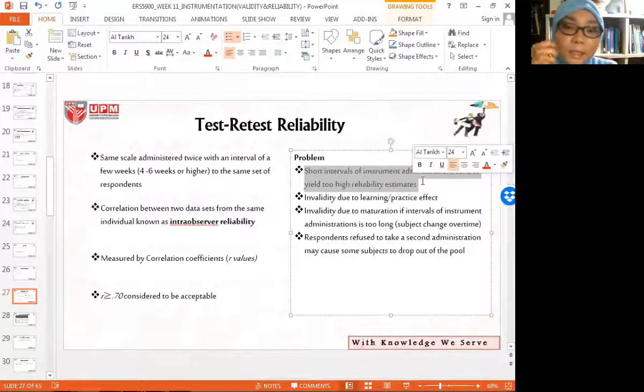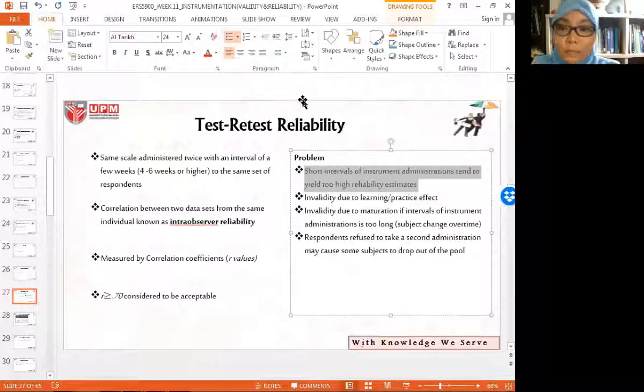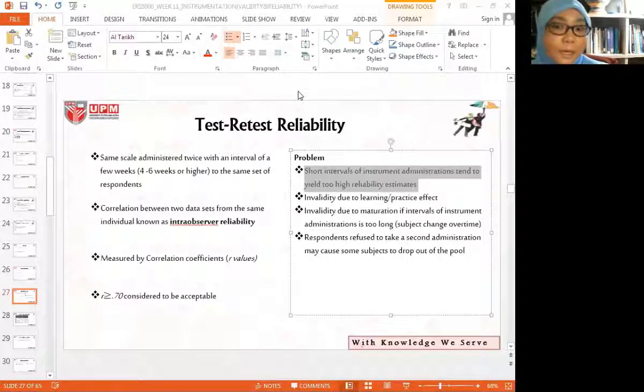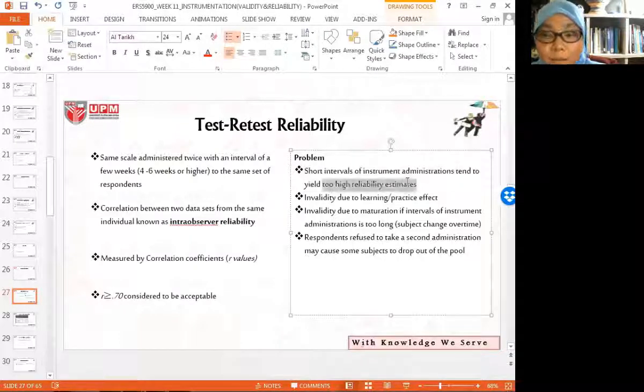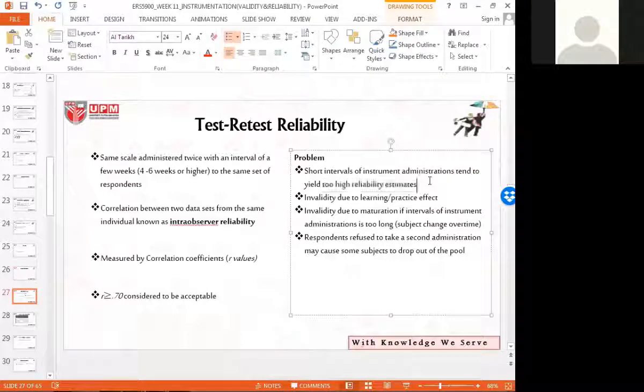So that will give a high reliability estimate.